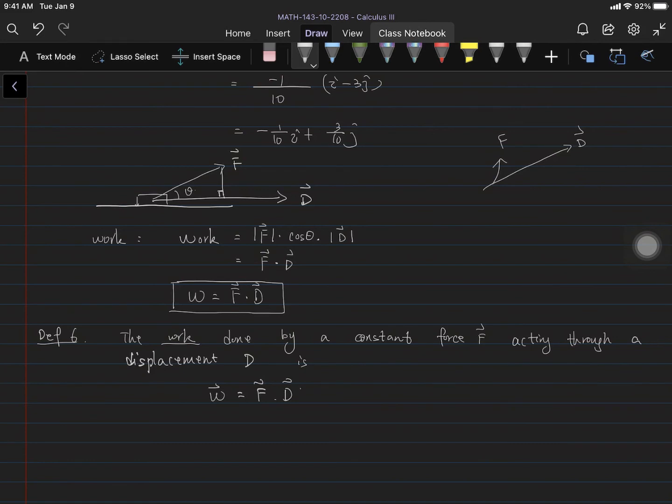Now let's take a look at our example 6. If the length of the force, actually the magnitude of the force, is 40 N, and this is the displacement magnitude, which is just a length, right?